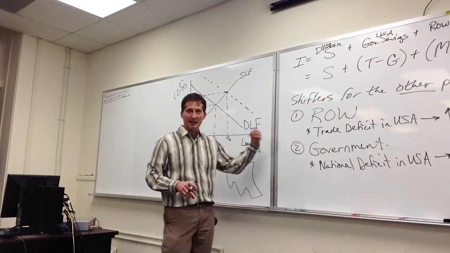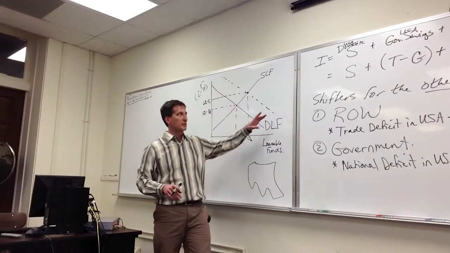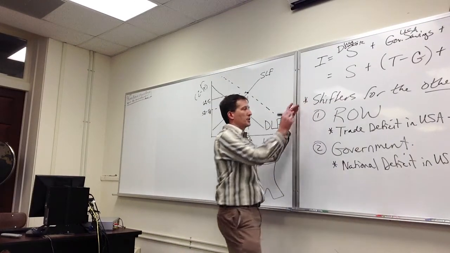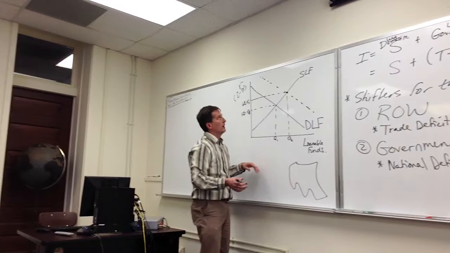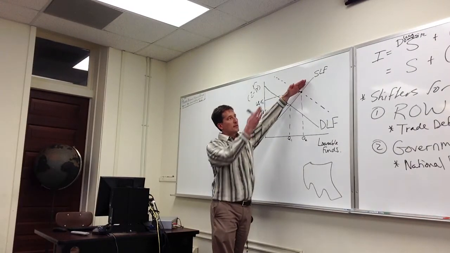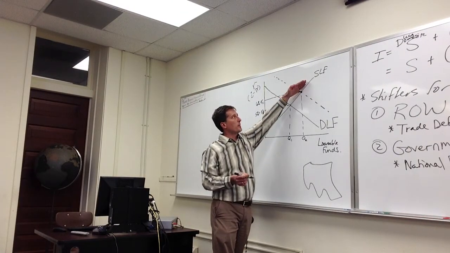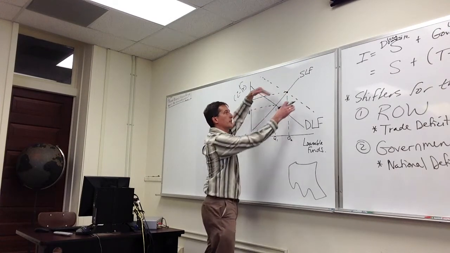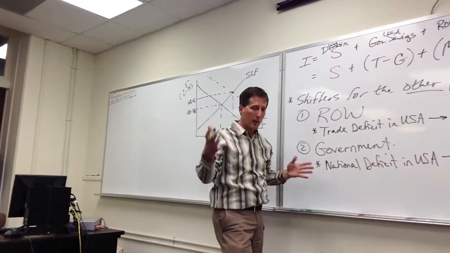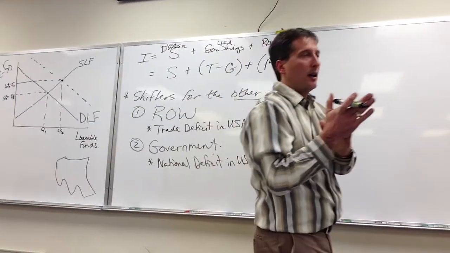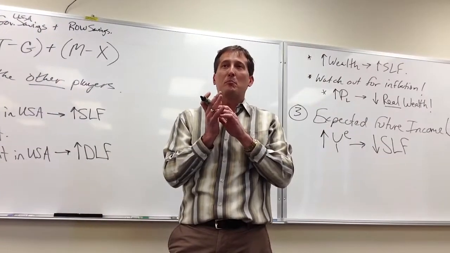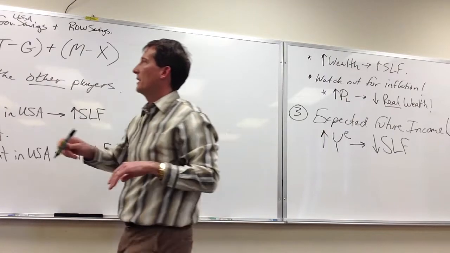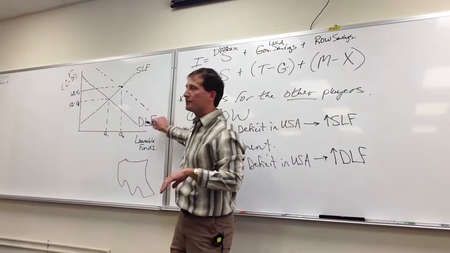Notice I shift the demand curve, not the supply curve. That's why I call these kind of special shifters for other cases. Now, had the United States government been supplying funds, it would be this. But now they're competing for funds because in order to pay for their weapons of mass destruction, they need to do some borrowing. So now all of a sudden they're on the demand side of life.